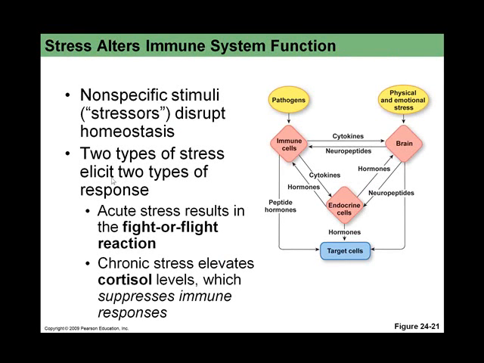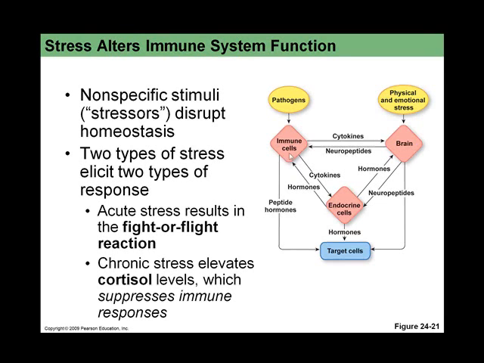The stress alters the immune system function, so the nonspecific stimuli, the stressors, disrupt homeostasis. There are two types of stress that elicit two types of a response. An acute stress results in a fight or flight reaction. Remember, a classic one of the endocrine cell, a type of hormone that affects the immune cells, are the adrenocorticosteroids, cortisol, glucocorticoid also, because it affects the glucose homeostasis.